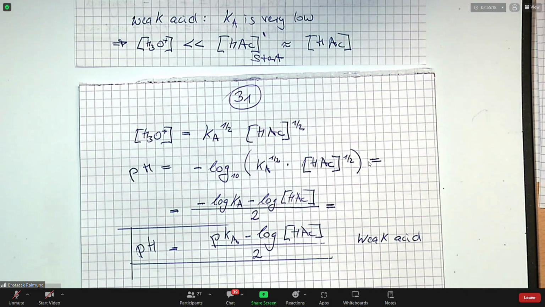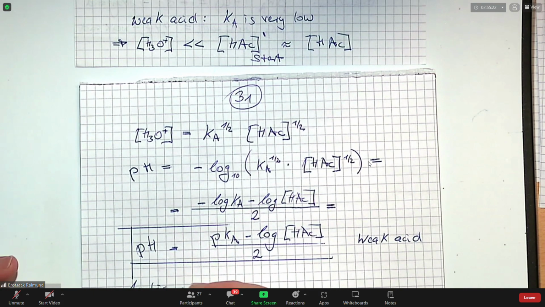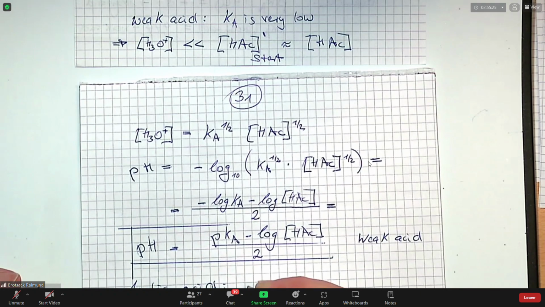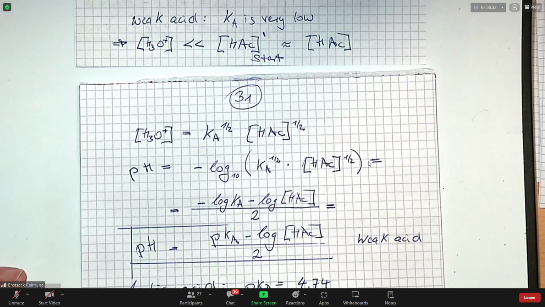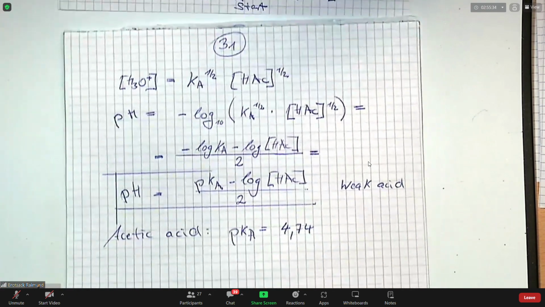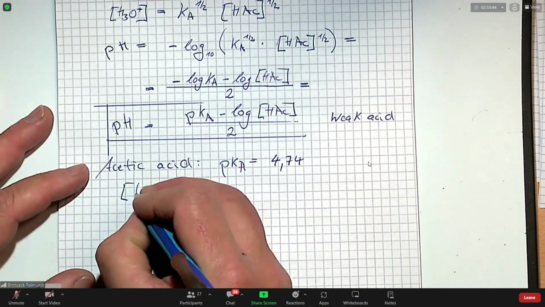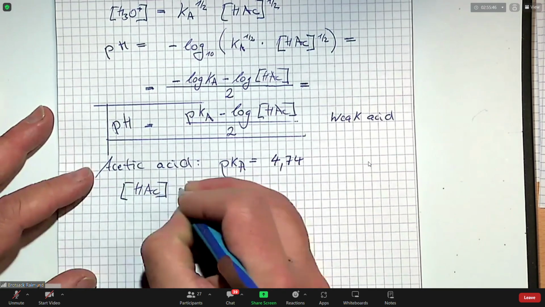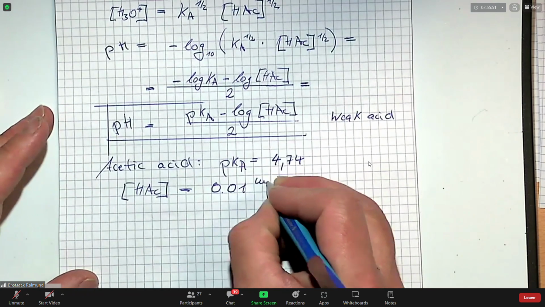So we know for acetic acid, the pKa is, we already had it, 4.74. Now, as an example, let's say the concentration of the acetic acid is 0.01 mole per liter.